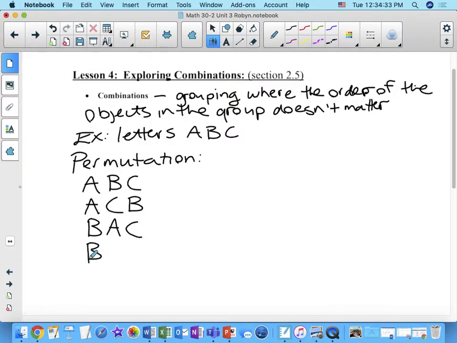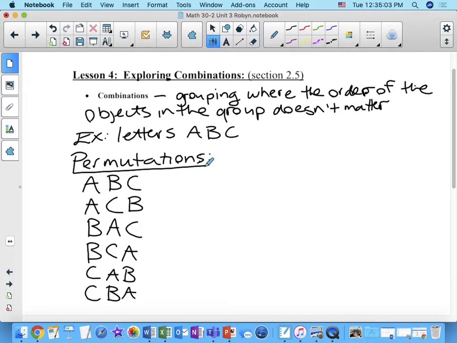B, C, A. And then I could do the ones that start with C. So C, A, B, and then C, B, A. And again, this should not be surprising because we know from writing spaces, right? 3 options for the first letter, 2 options for the second, 1 for the third. 3 times 2 times 1 is 6. Okay? So there's 6 permutations, I should add an S there, of those 3 letters.